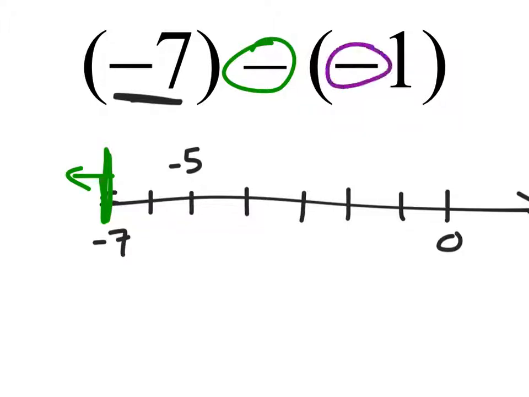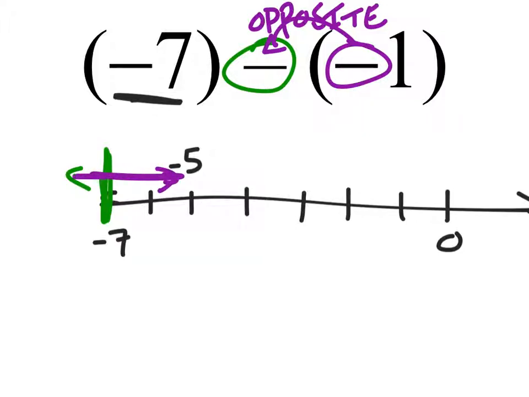But this negative tells us we're going to do the opposite. I'll write that in there. Opposite of the left. So what's the opposite of left? Right. So that's why we're going to go to the right. How far? 1 unit. Bam. There it is. -6. That's the answer to this one.